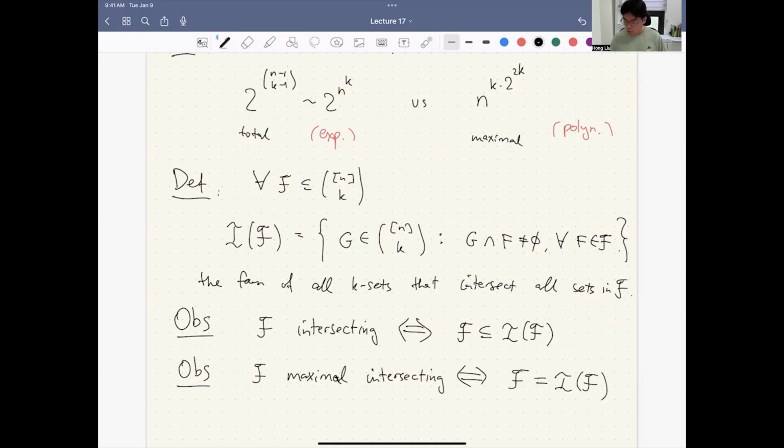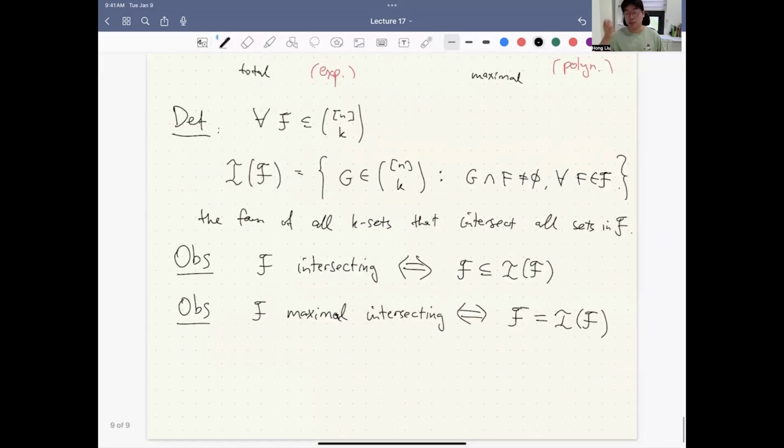So we have a different way of saying when the family is maximal. Equality holds. This is also not hard. So if it's not clear, maybe I'll leave this as an exercise. Good.